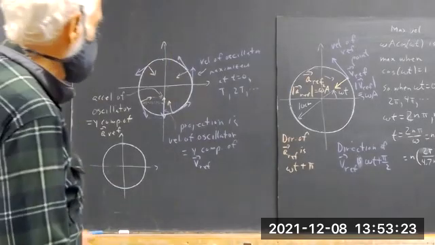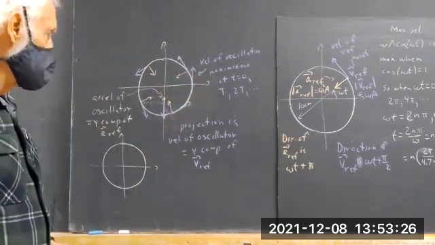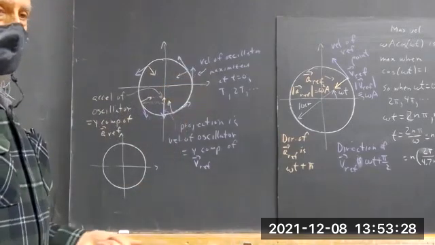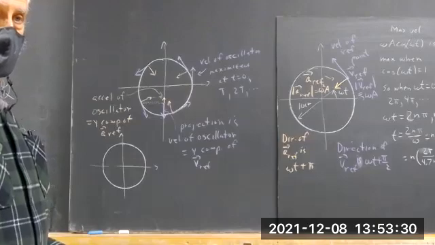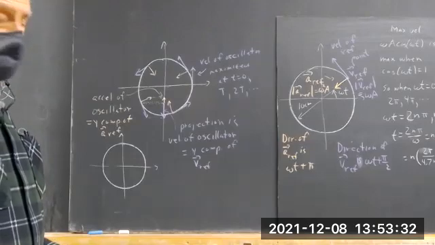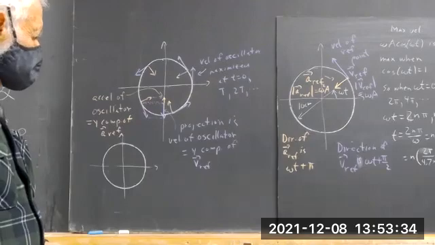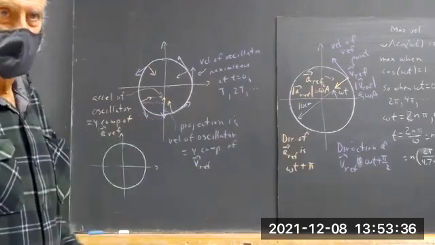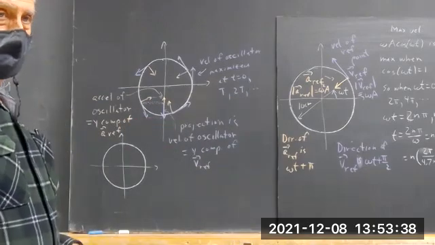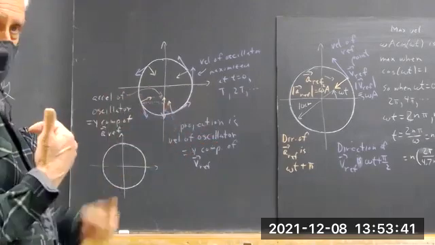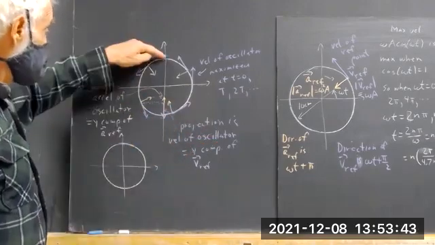Now, what's the direction of the reference vector when the velocity is minimized? Let me ask when the speed is minimized. This way or this way, right? So that would occur here or here.